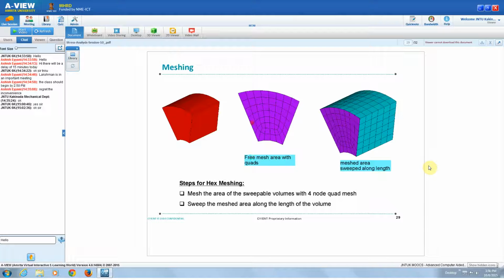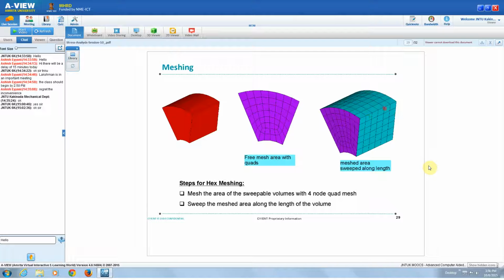So here we put a free mesh. Free mesh looks like this, and then we'll mesh. Then we'll sweep this meshed area along this line. If you take a cross section at any place, if you check these elements, you'll get the same type of cross section everywhere.